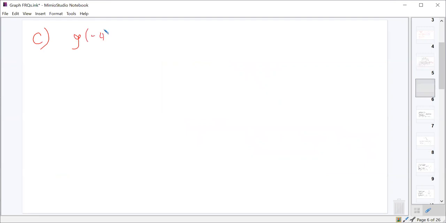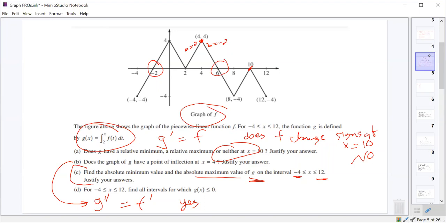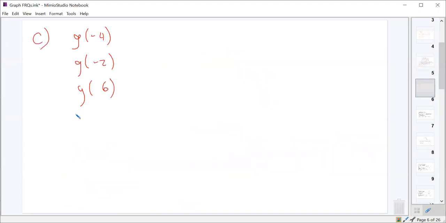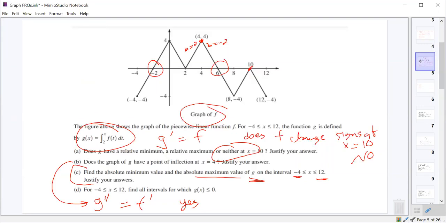So we will be looking for g of -4, g of -2, g of 6, and then the last input was 12. Is that right? Okay. So how are we going to find all those values? So we know that g is the integral from 2 to x of f. So let's start with the easy ones that move to the right. And let's also look at all the different regions, which might make our lives easier.